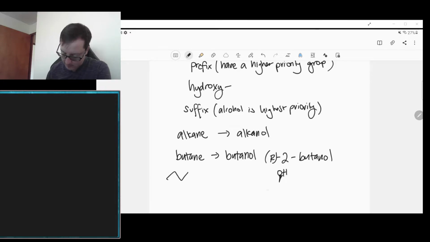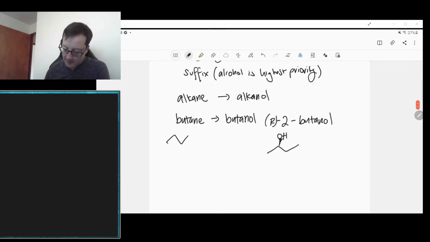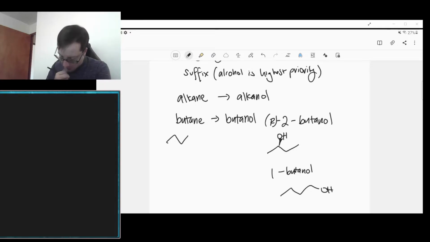That, we could have 1-butanol, not a chiral center, so we don't have to worry about that. If we want, we could also say butan-1-ol. That works.